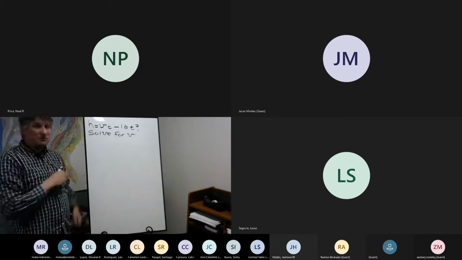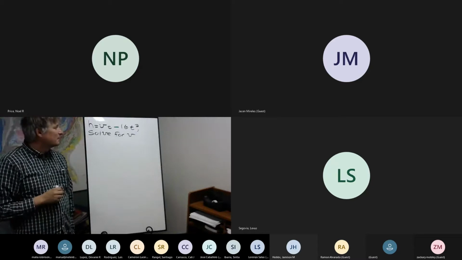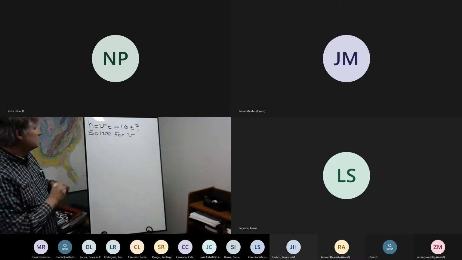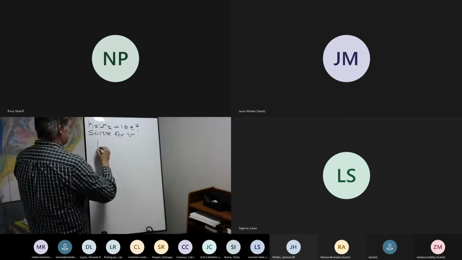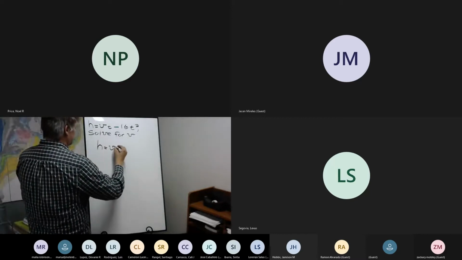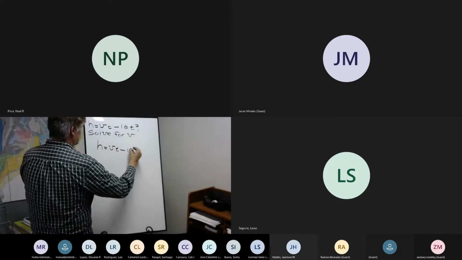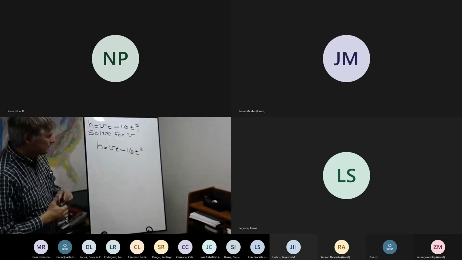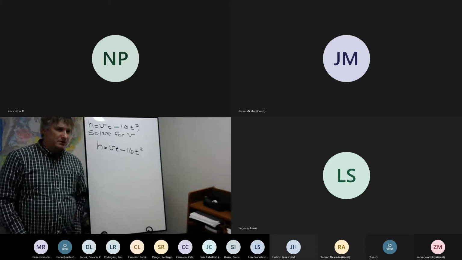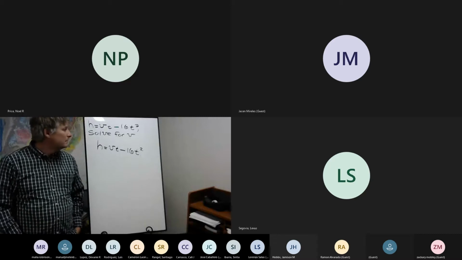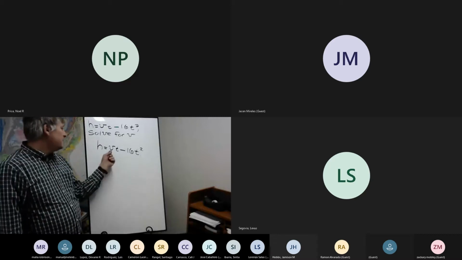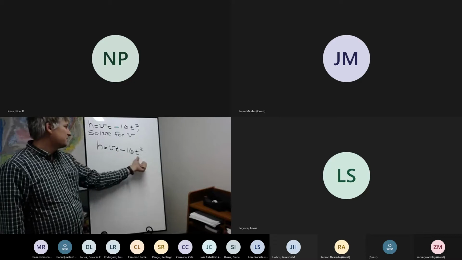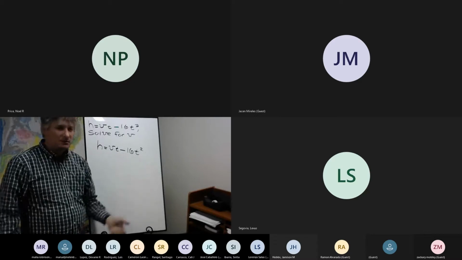So here we're going to solve for V. Well, we want to get V by itself. So taking a look. Just like with equations where we solve for x, we've got V multiplied by something, but then we also have this other term that's added or subtracted.